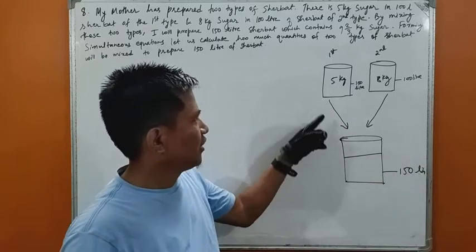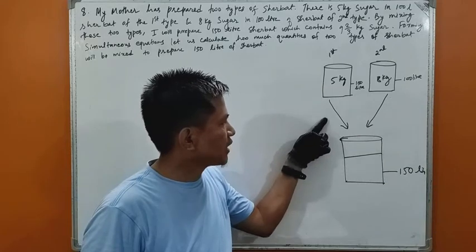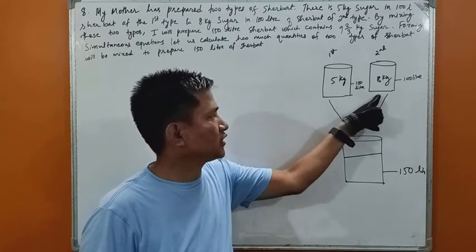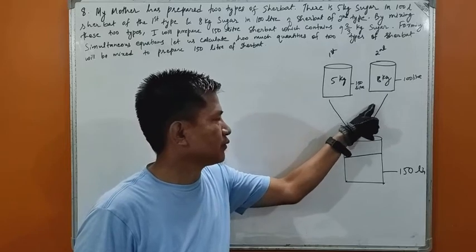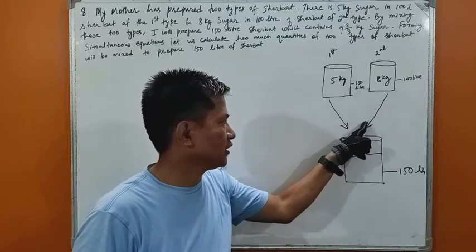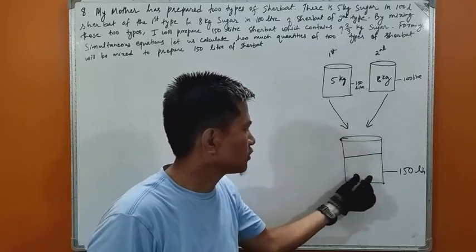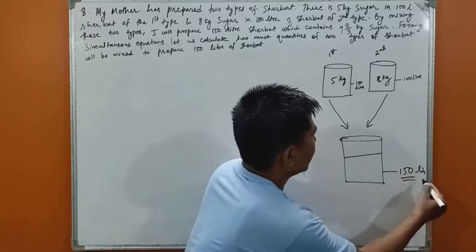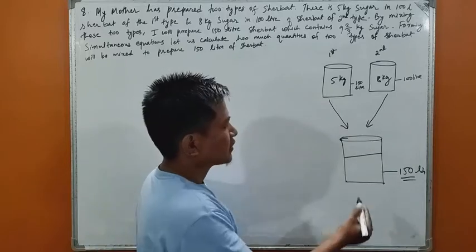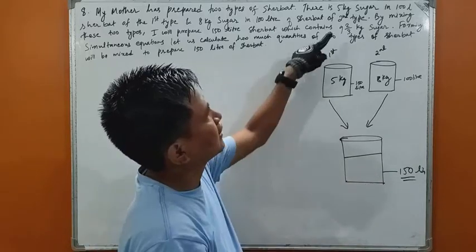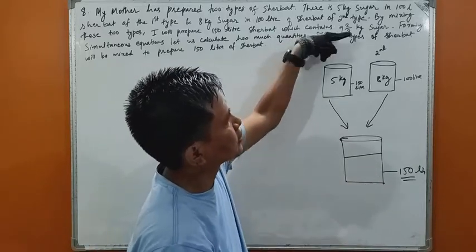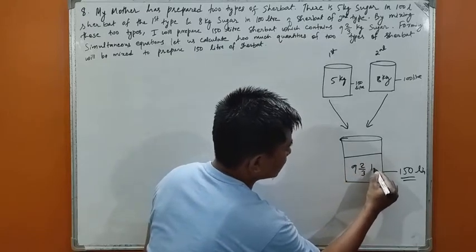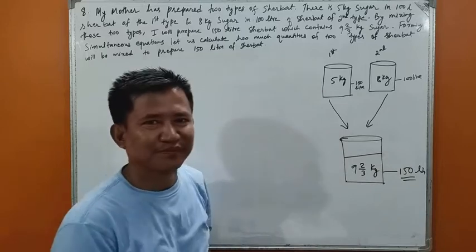What quantity of the first type of sarbat is to be taken and what quantity of the second type of sarbat should be taken, so that the total quantity of sarbat will be 150 liters. And the second condition is the new sarbat should contain 9 whole 2 upon 3 kg of sugar. Okay, are you getting me?